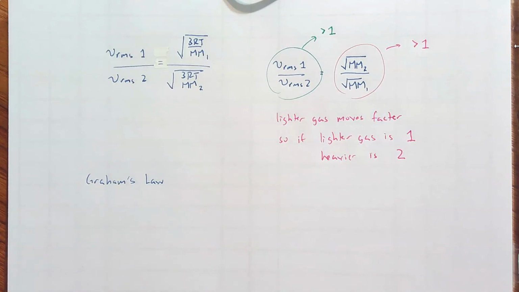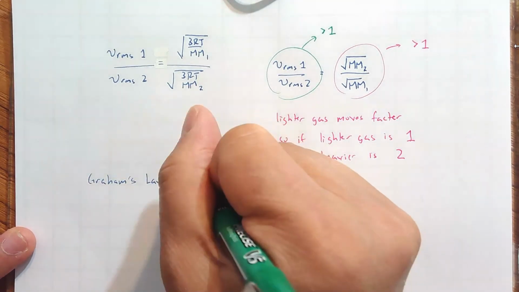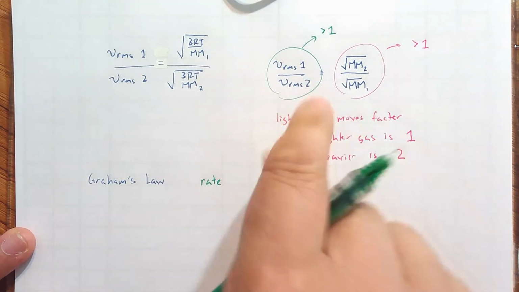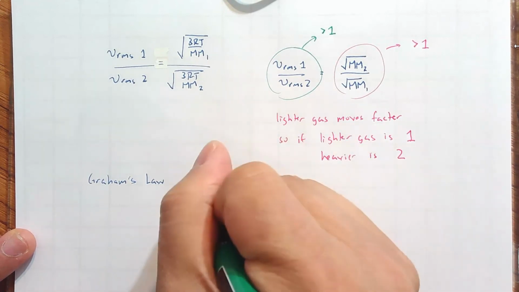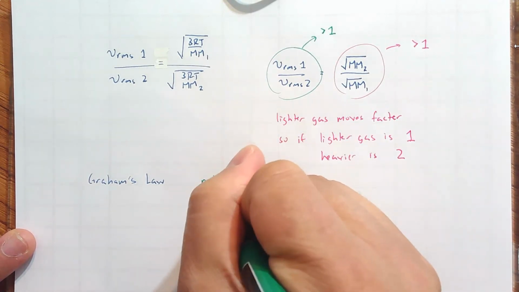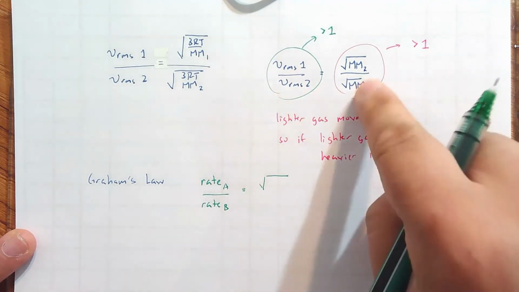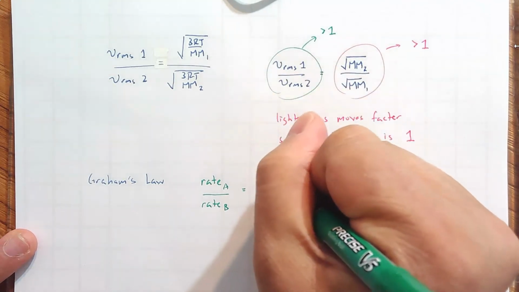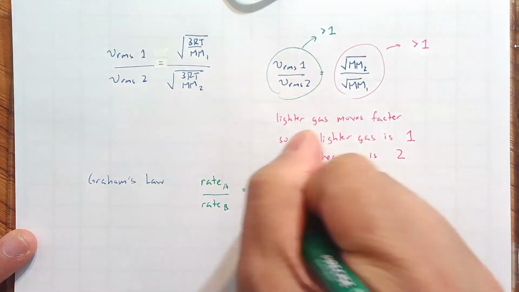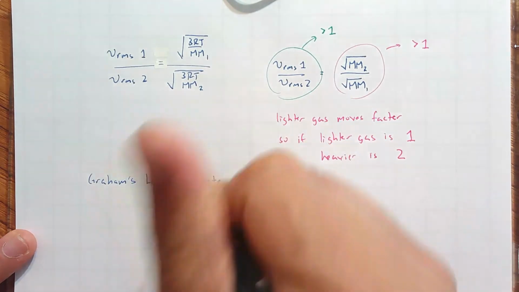That is my rate, that is my speed, and Graham's law formally is this: rate of gas molecule A over rate of gas molecule B equals the square root of, now we take the inverse, molar mass of B over molar mass of A.